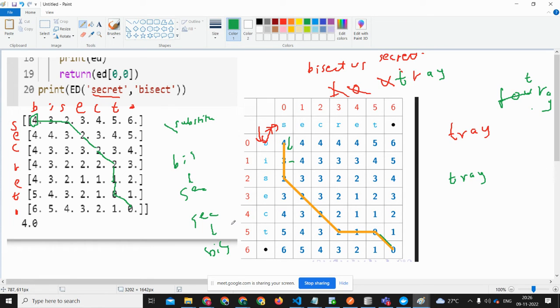Do you guys understand my doubt? Yeah. Shailu, you're silent. Bisect to secret. Yeah, bisect to secret. And how do you tell that? That's my question here. First two are deletions, vertical lines. So if you're coming from top to bottom, then we should take the left hand side, right?